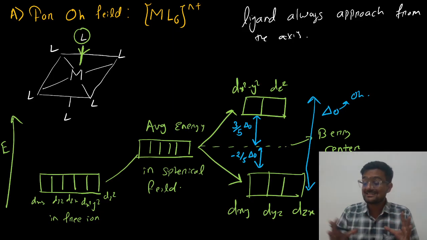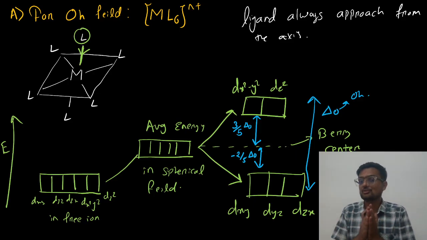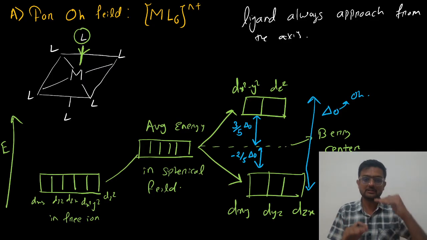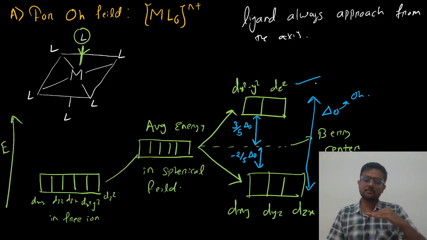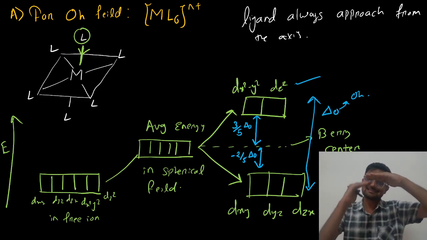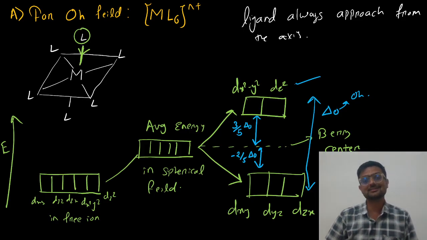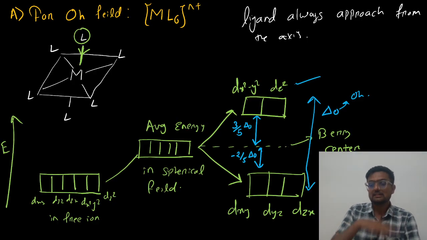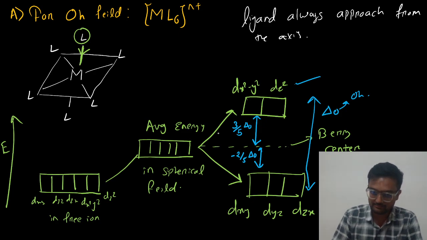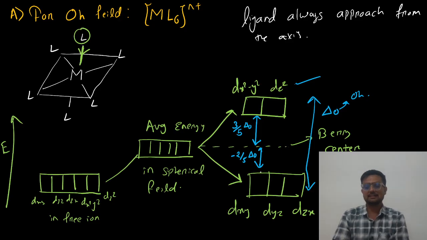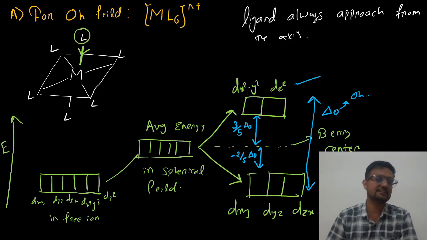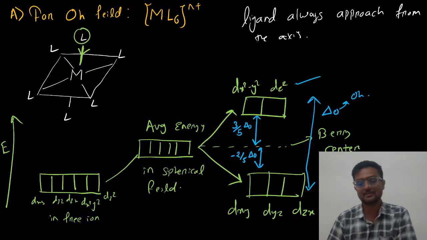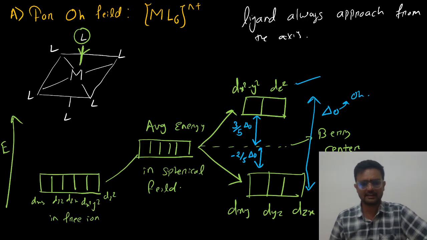That means the overall change in the energy of the d orbitals should be 0. There should not be an overall change. The two orbitals' energy increased, so a similar amount of energy should decrease for the other three orbitals, so that the net energy change is 0. The energy difference between these two sets is called the crystal field splitting energy or crystal field stabilization energy.